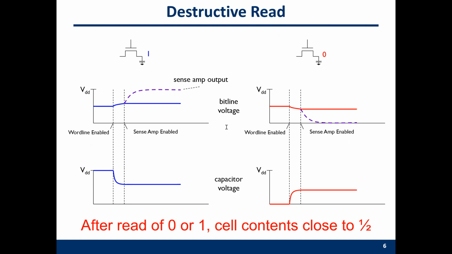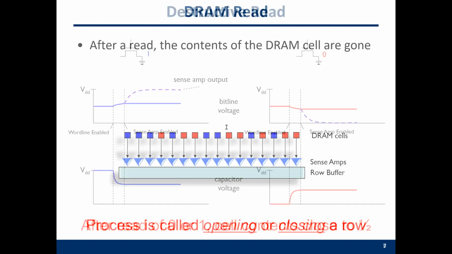But the problem is that after the read operation, the data has been destroyed in the cell. Although at the end of the read operation, based on the changes, you can understand whether the value is 0 or 1, the data inside the cell has been destroyed.